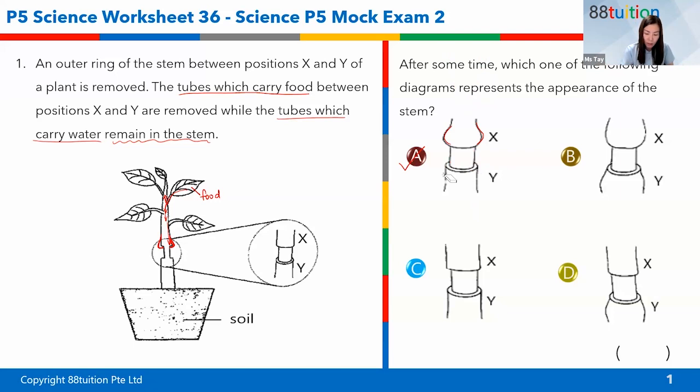It stays the way it is, flat. Any question here? Okay, so the answer is A. This is actually the accumulation. You may write this down: sugar or food, food that is made during photosynthesis.